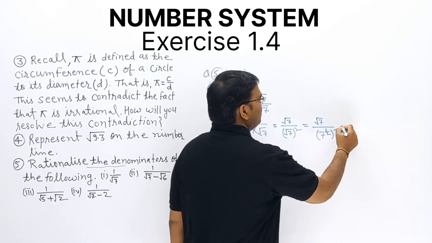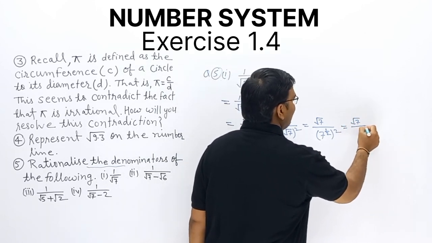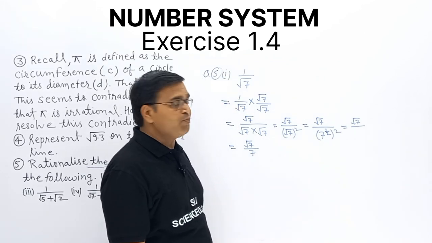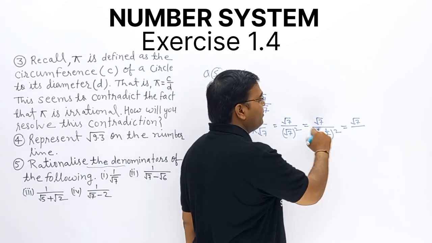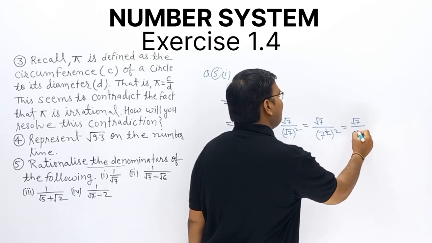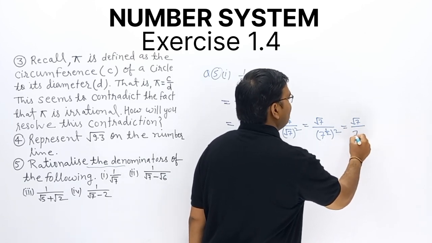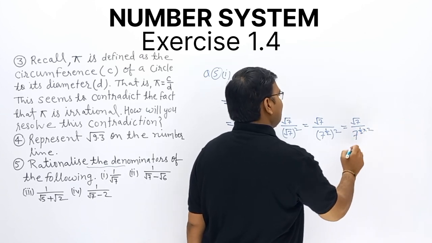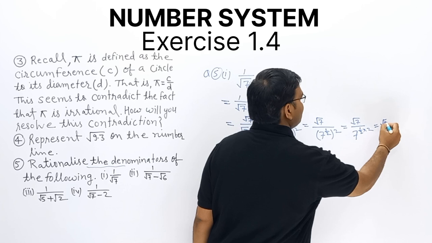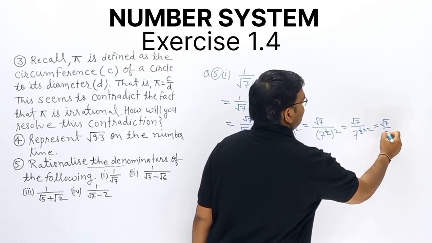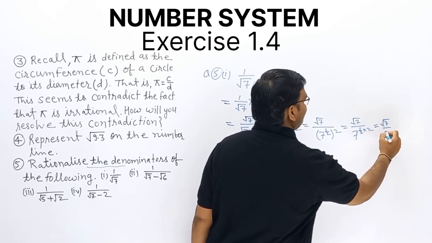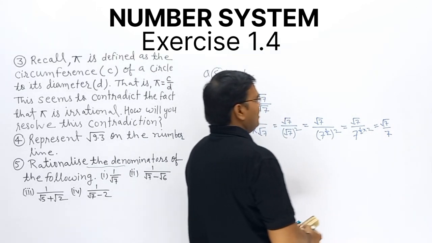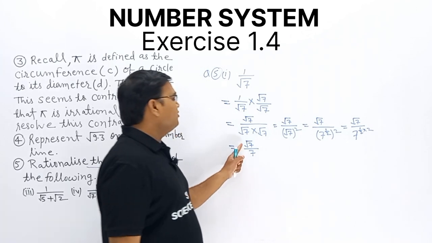Then we apply the laws of exponents: a power m, whole power n, is a power mn. So it is 7 power 1 by 2 into 2. The 2s cancel, so we get 7. After solving, we get root 7 by 7.